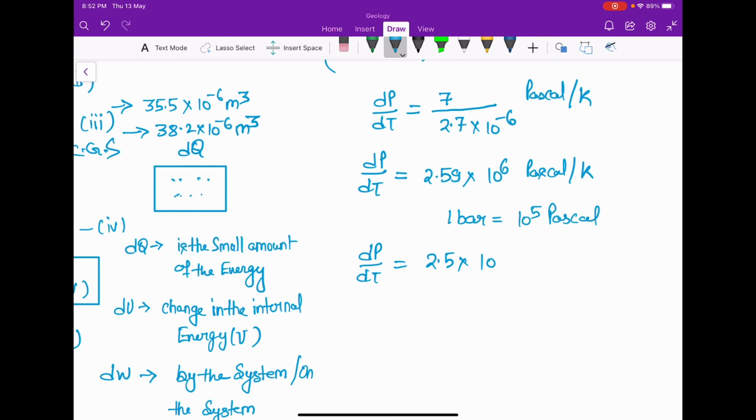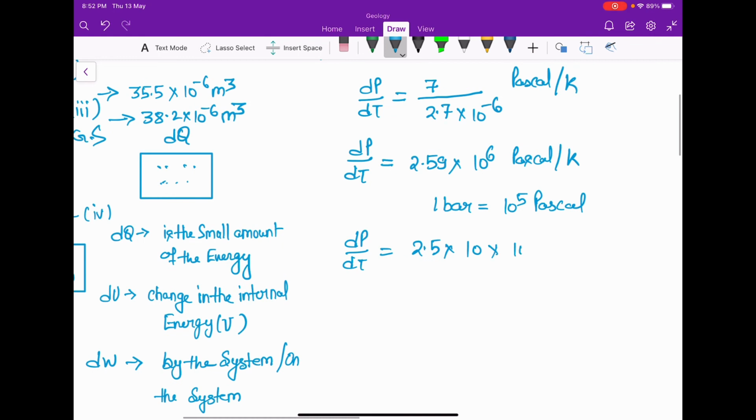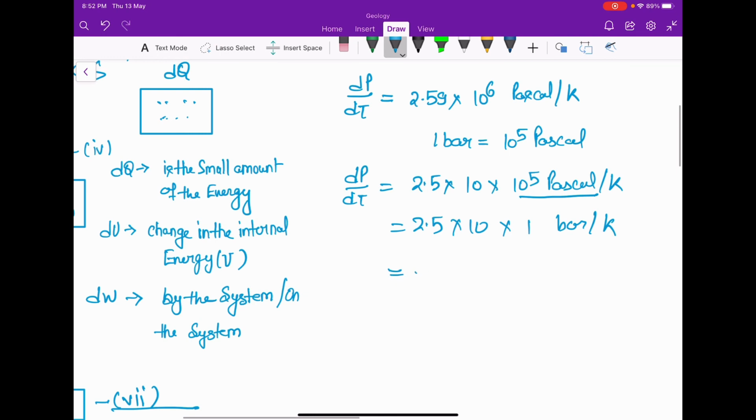So 2.59 into 10 to the power 6 Pascal per Kelvin, converting 10 to the power 5 Pascal into 1 bar, gives 2.59 into 10 bar per Kelvin, so that gives 25.9.